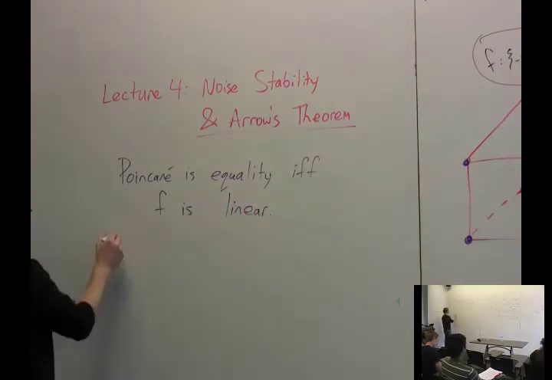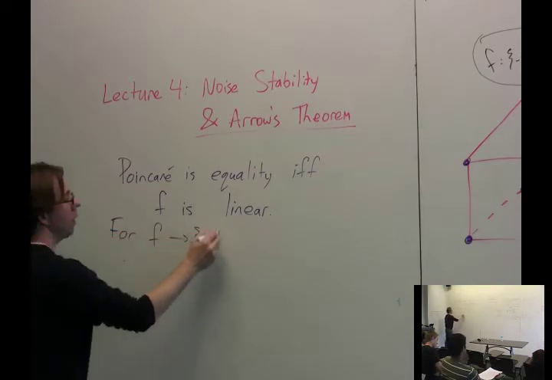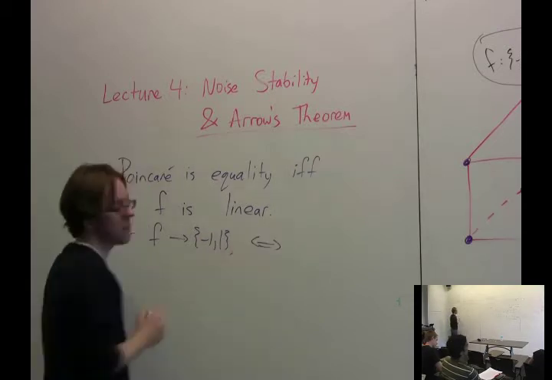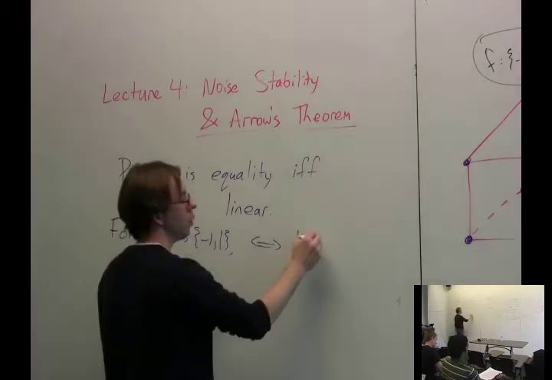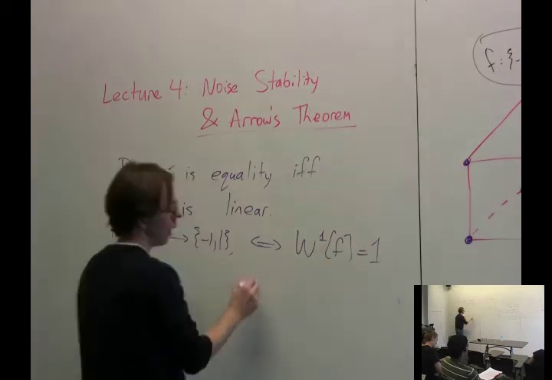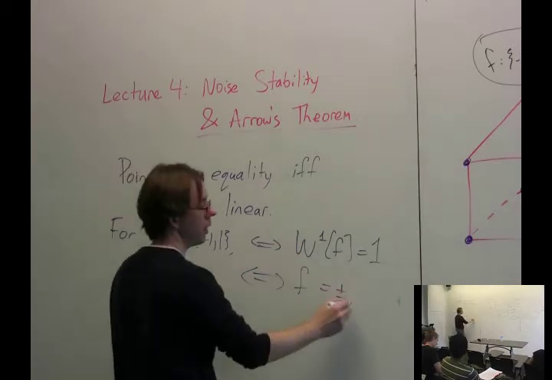Okay. In particular, for F mapping into minus 1, 1, this means that F has degree 1, or equivalently, the weight of F at degree 1 is 1. And we know from the homework that this is equivalent to F being plus or minus a dictator.